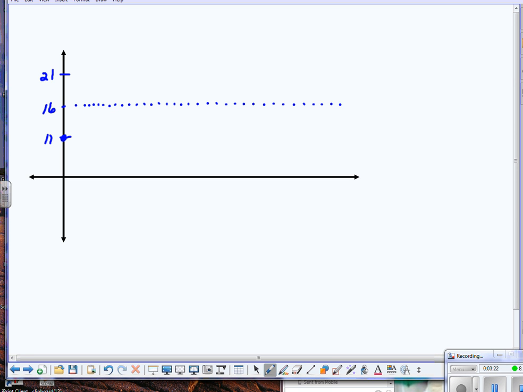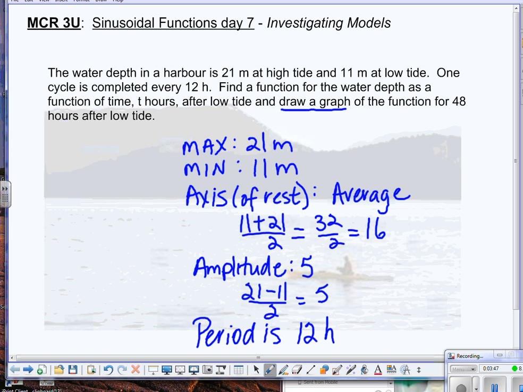So I definitely want the numbers 12, 24, 36, and 48. And I should label my axes. So I've got my time in hours and I have depth, in meters.